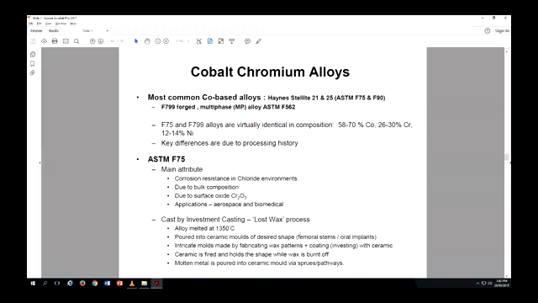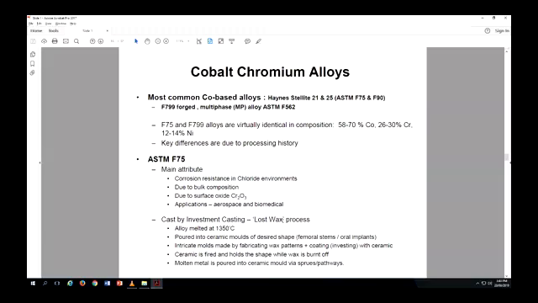The way usually it's made is cast by investment casting or lost wax process. Do you know how this technique works? By the name, it's lost wax. Basically, you have a wax in between that is lost.